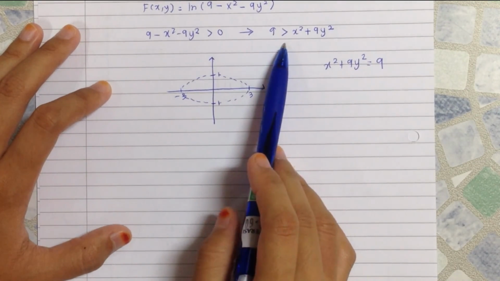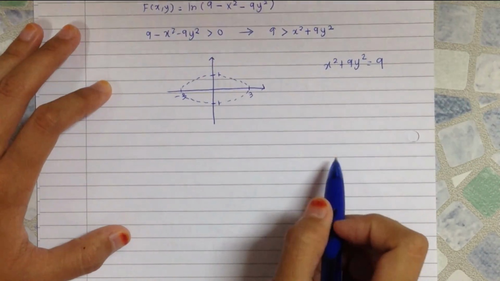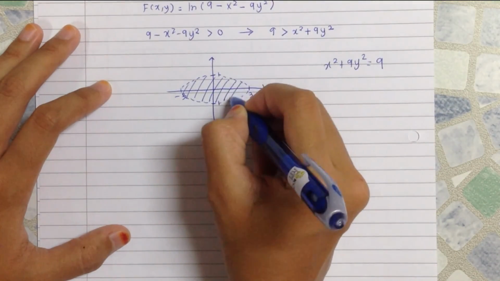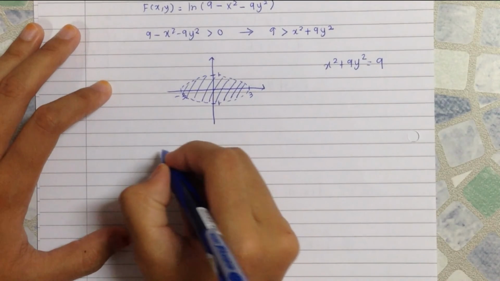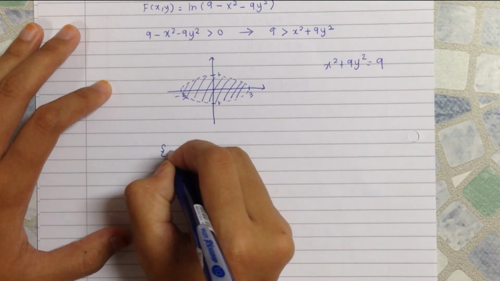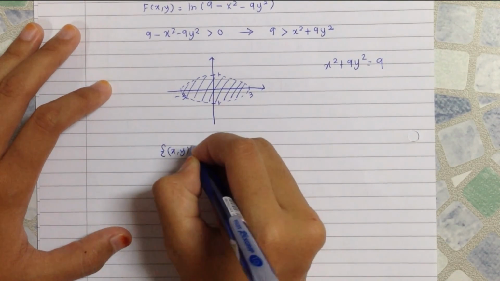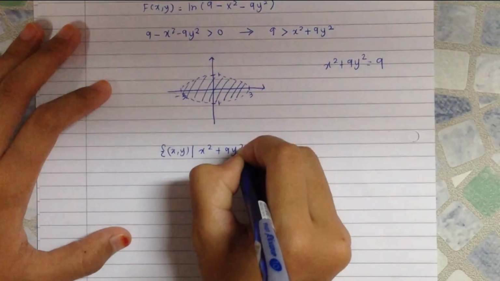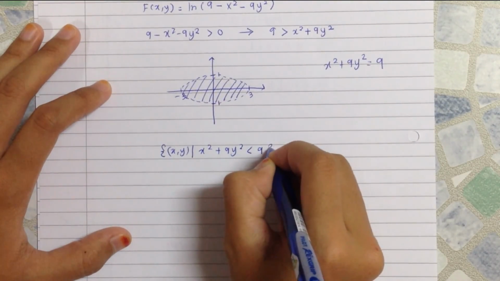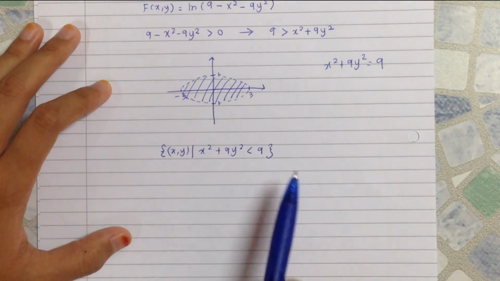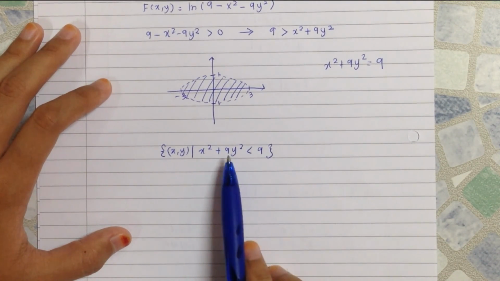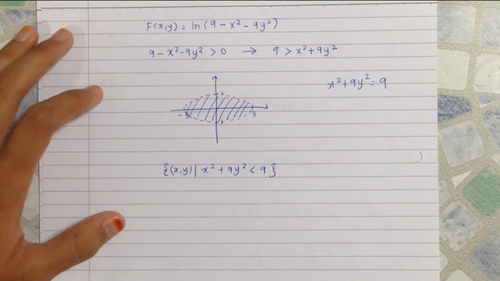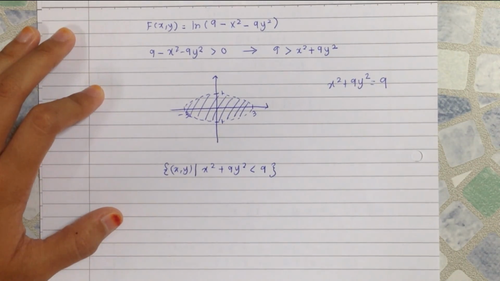So essentially all the points inside the ellipse are the domain here. So the final answer is the domain is x, y, which is x squared plus 9y squared is less than 9, corresponding to the interior of this ellipse. So that's all for this video. Thank you.